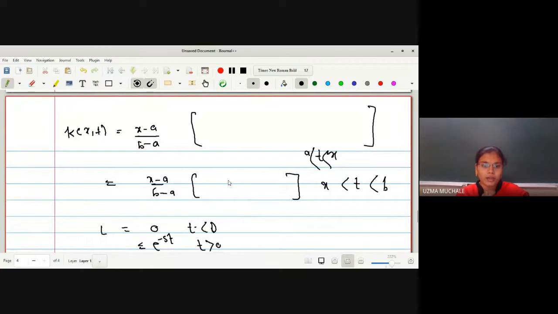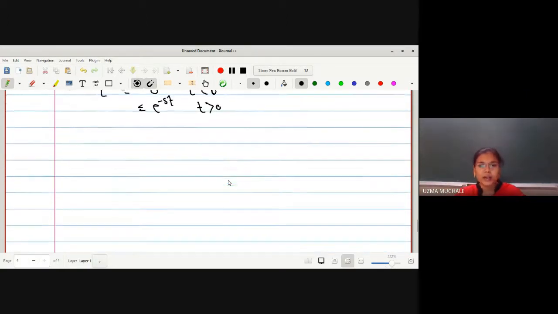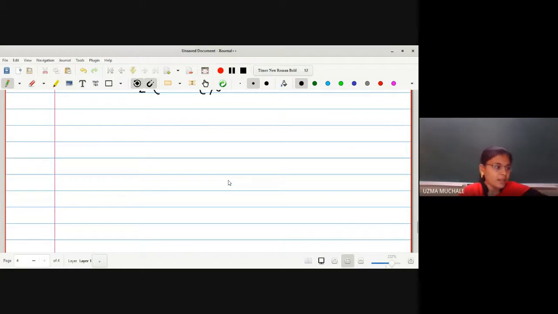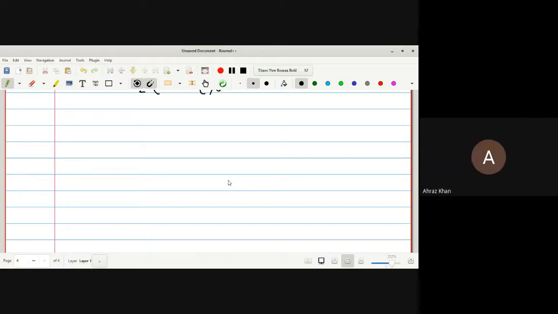Okay. Now actually I want to clear one thing for you people, that this kernel does not have any relation with the kernel you have studied in group theory. What was a kernel in group theory? What is the definition of a kernel in group theory? Kernel was the set of all the elements of the group which are mapped to the identity element.